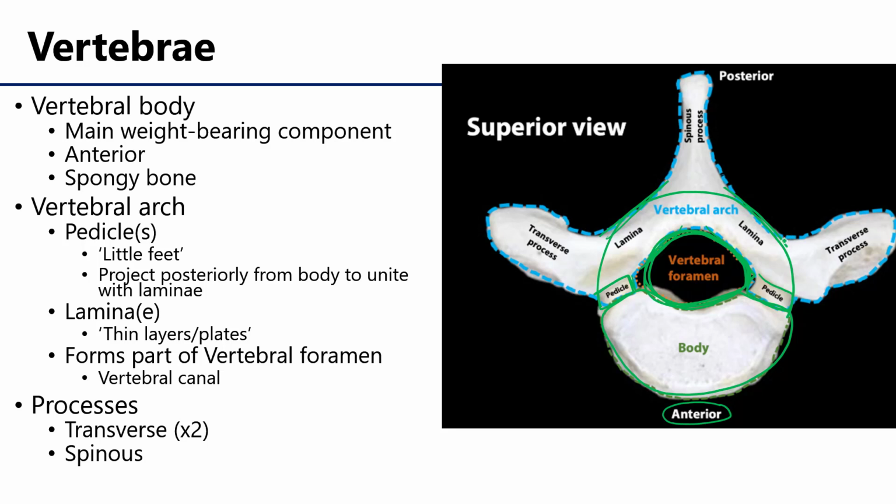So there are going to be lateral or posterolateral processes called transverse processes, which we can see here. And then there's going to be a central posteriorly oriented spinous process. And it's typically the spinous processes which are palpable down the midline of an individual's back.